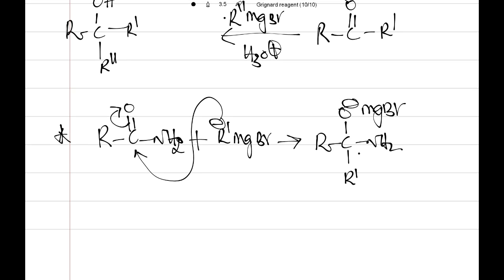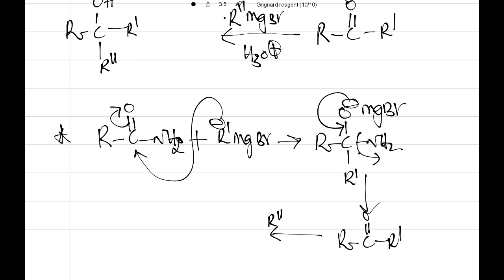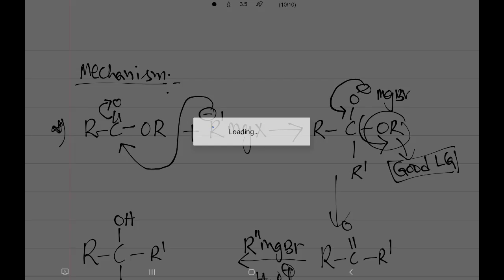Okay, now when the electrons are shifting this way, NH2 is a good leaving group compared to the R group, and we can get the RC double bond O R dash. After that, if I use another mole of Grignard reagent, I can get the RCOH R double dash, on the other side R dash. So this is the product of the reaction, right?